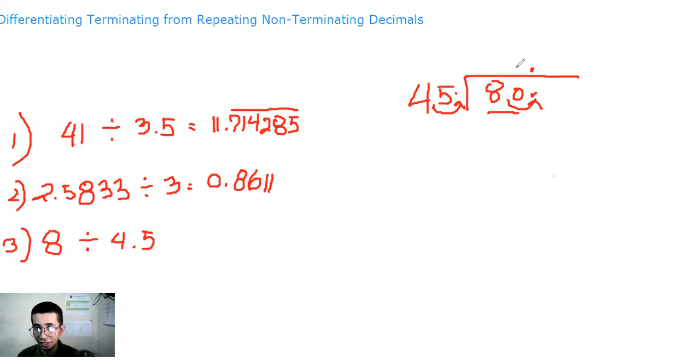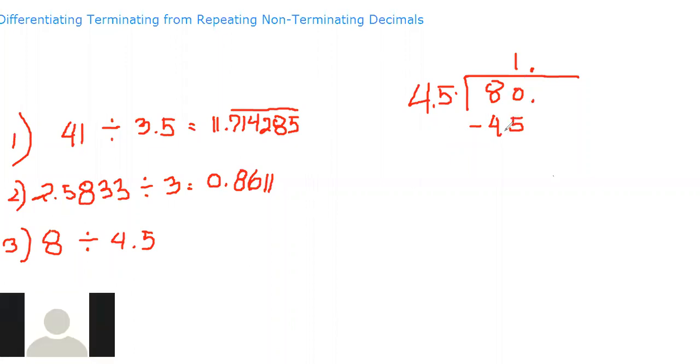Isa lang. Okay? 1 times 45, 45. So, 80 minus 45. What is 80 minus 45? Hindi siya 27. Dapat 5 lang din ang dulo niya.